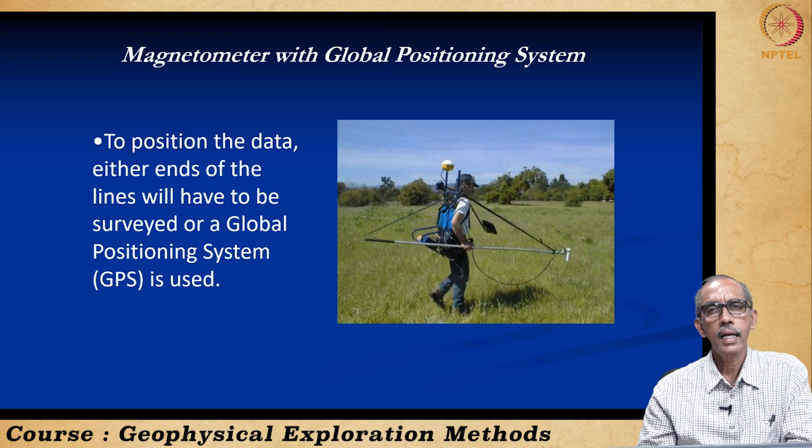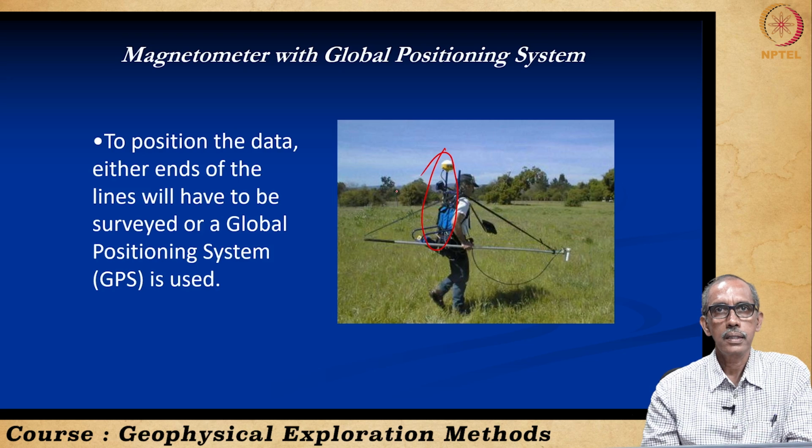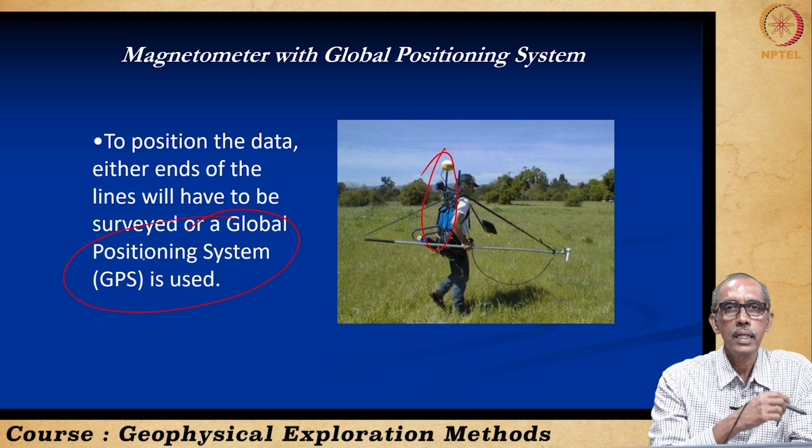And as I had referred previously, modern day gravimeters also have an attachment of a global positioning system. So, this is able to connect with the global positioning satellites, and with the help of that, we are able to precisely establish the position.